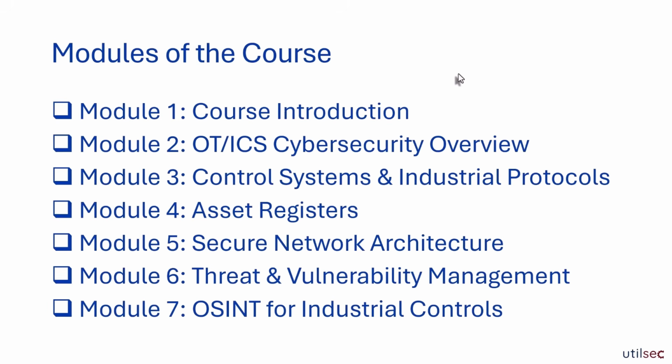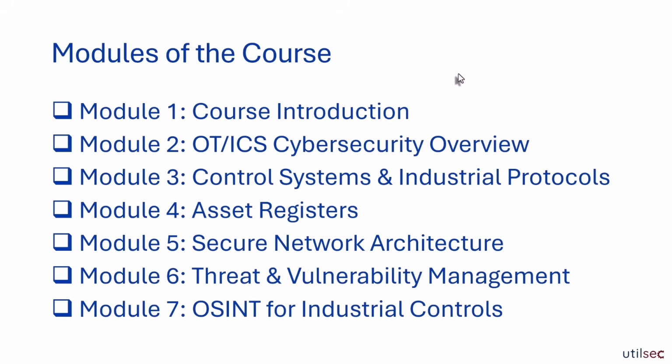We need a list of all the systems in the environment and information about those systems, like the version of firmware they're running, so we can use that to find vulnerabilities that we might or might not need to address. Asset registers play a key role in multiple areas of cybersecurity in OT environments, so that's why we start with them.